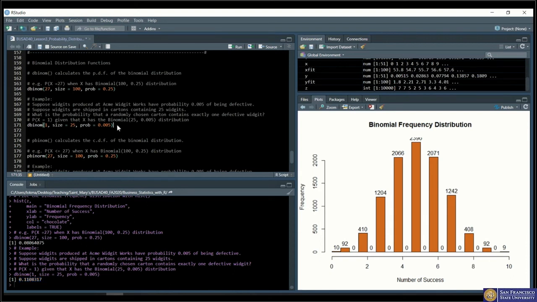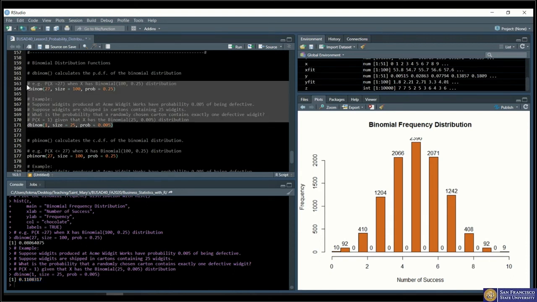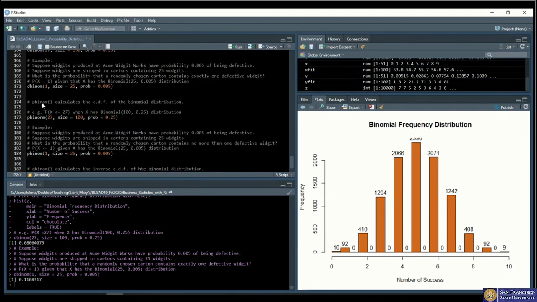So this is a very, very important and very useful binomial function that you want to use to figure out probability problems. Well, the p binomial function works almost the same way as the p norm function for the normal distribution.